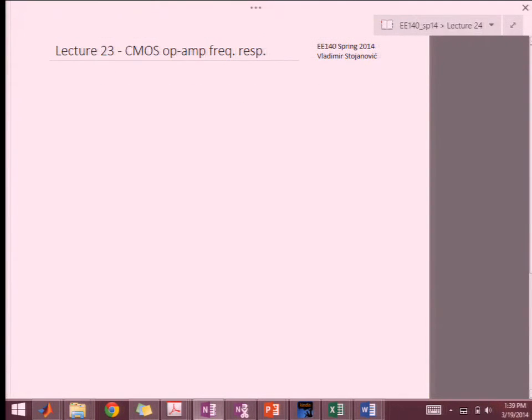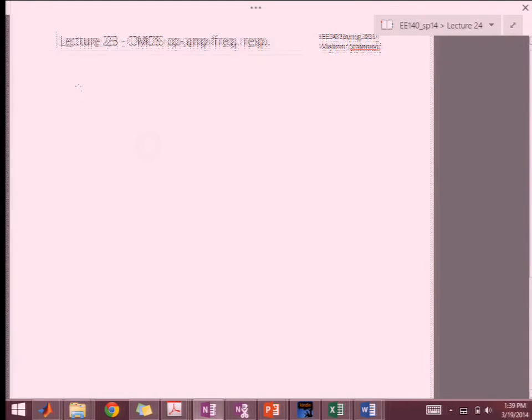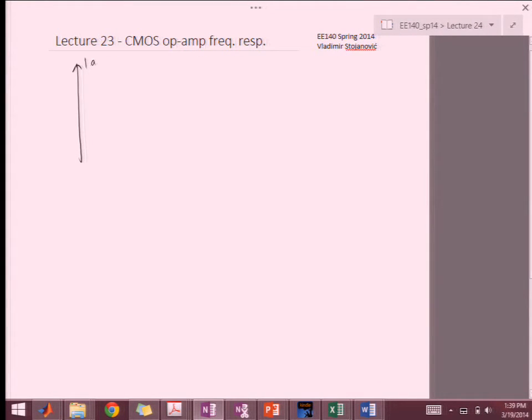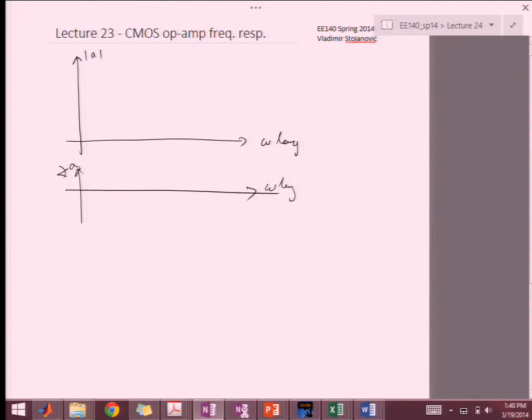If we go and draw the frequency characteristics and the angle, this is just a two-pole system, right?